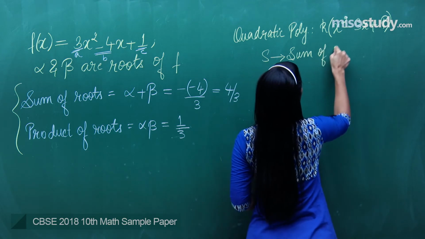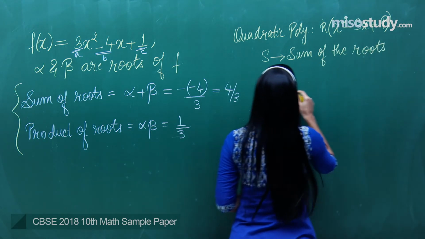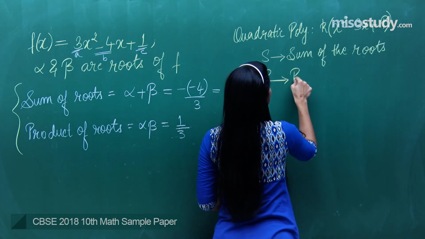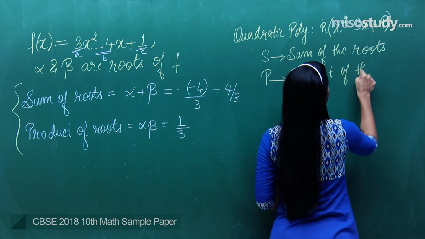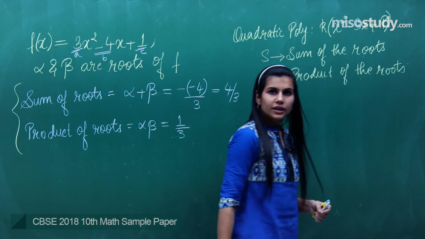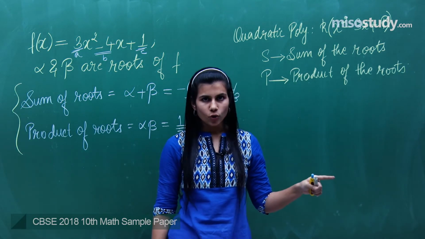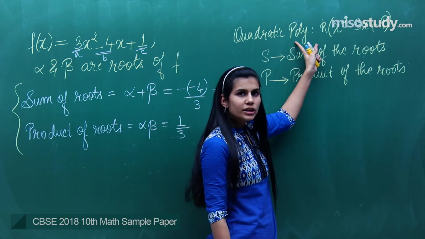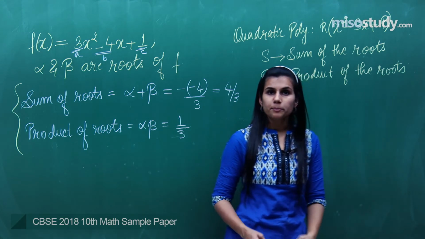S is the sum of the roots and p represents the product of the roots. Right now we have an unknown polynomial with its roots known. That means that polynomial is going to look something like this. Let us find out what s is and what p is.